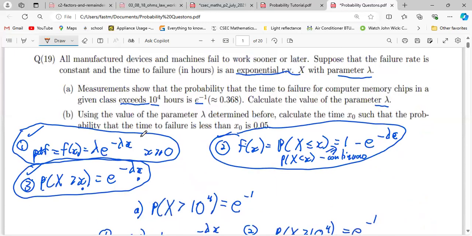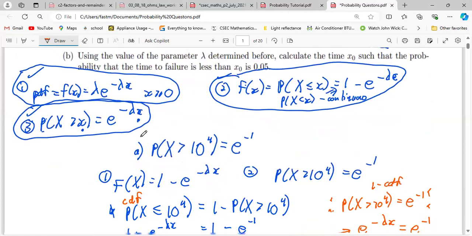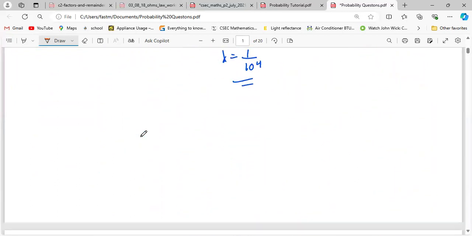Part B says using the value for lambda determined before, in part A, calculate the time x0 such that the probability that the time to failure is less than x0 is 0.05. So we said that the probability x is less than some value x0 is 0.05.